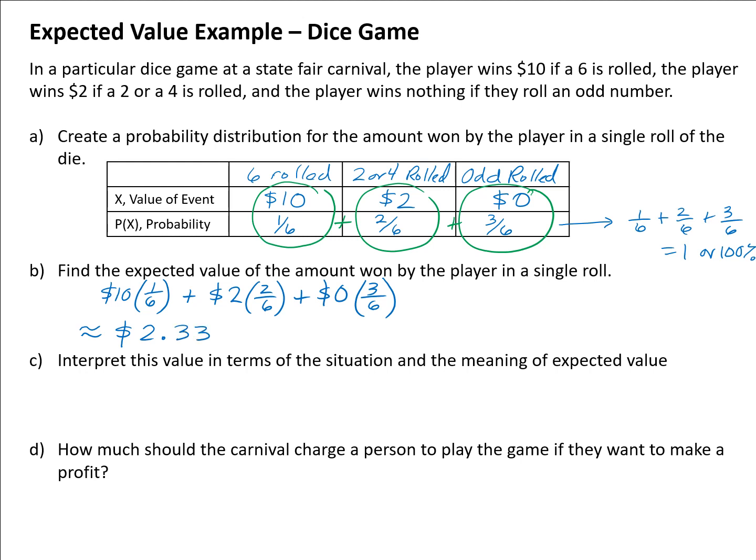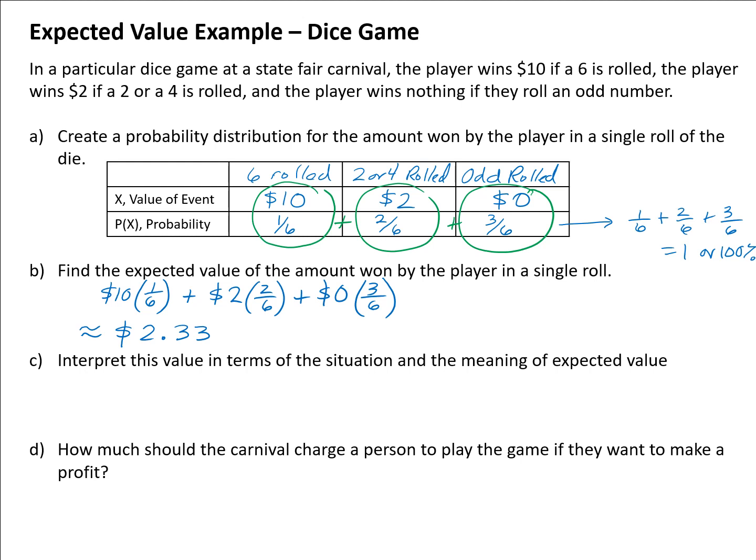Now let's interpret this in terms of the situation and the meaning of expected value. What we are looking at when we calculate expected value is the average value of the game, in this case, or the event, the experiment, if you play the game many times.